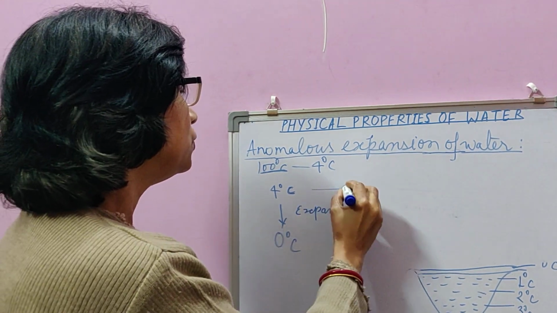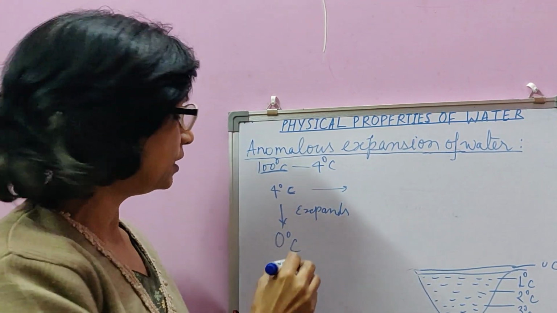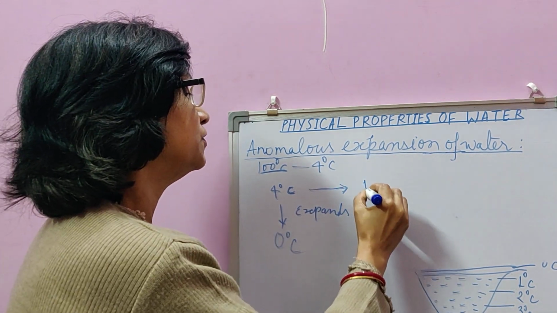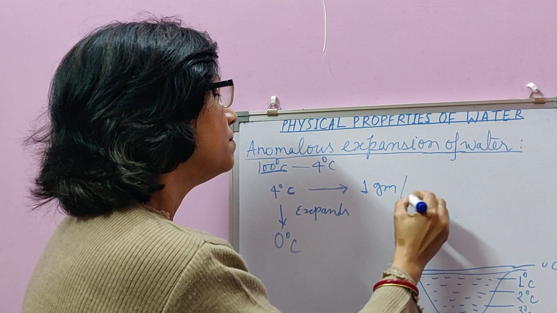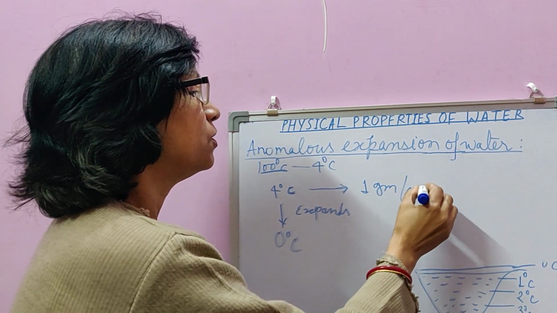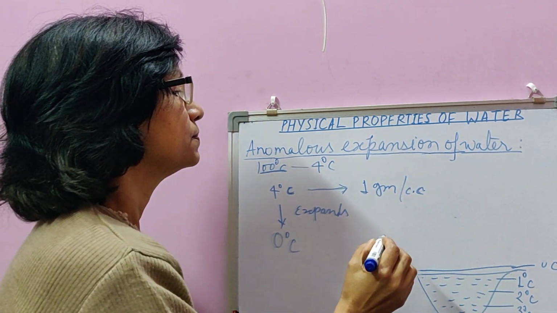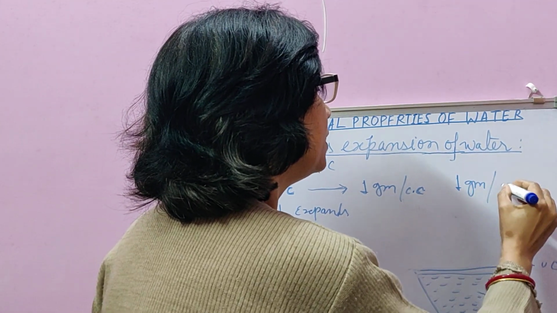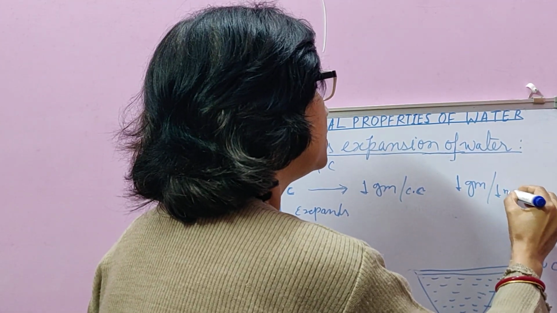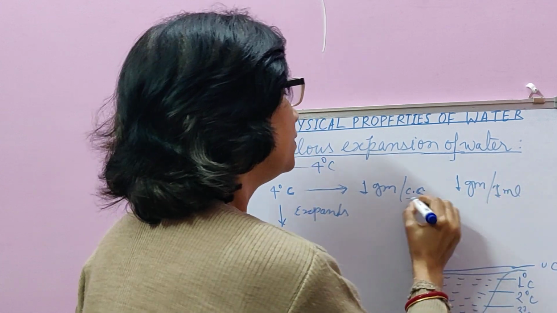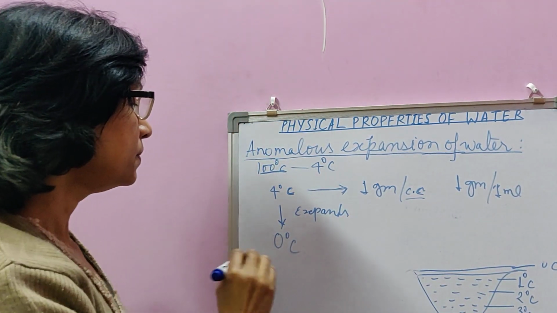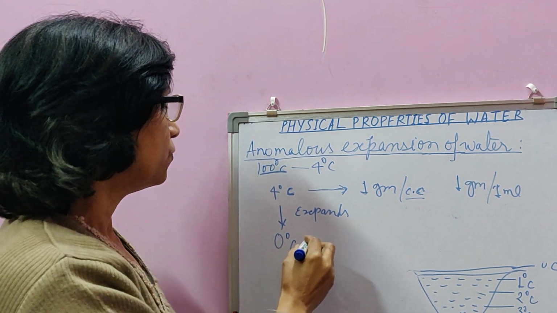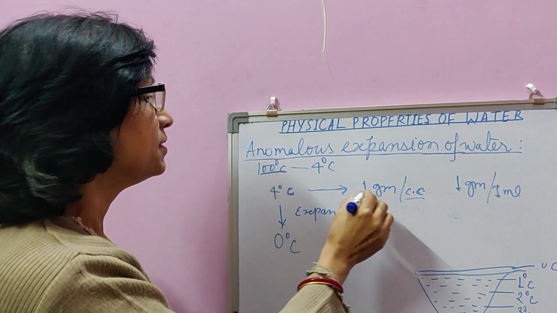As a result, the density of water is not maximum in its solid form, that is ice. It is maximum at 4 degrees Celsius, which is 1 gram per cubic centimeter. We can also say it is 1 gram per ml, because the volume of 1 milliliter is the same as that of 1 cubic centimeter. When we cool it, then at 0 degrees Celsius water density is less than 1 gram.